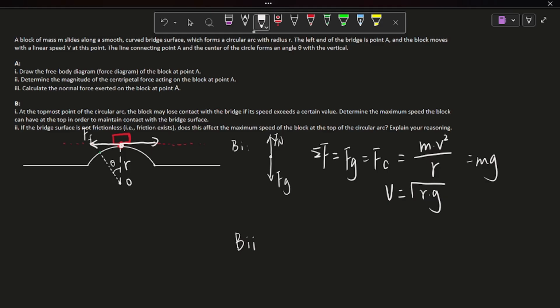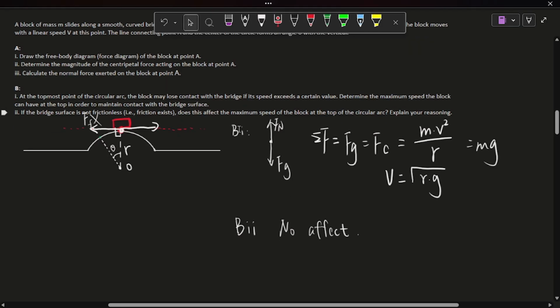You can obviously see that the friction force is actually perpendicular to the direction of the centripetal force. So there will be no components contributing to the centripetal force. So Ff will have no effect at all. So we can just write no effect.